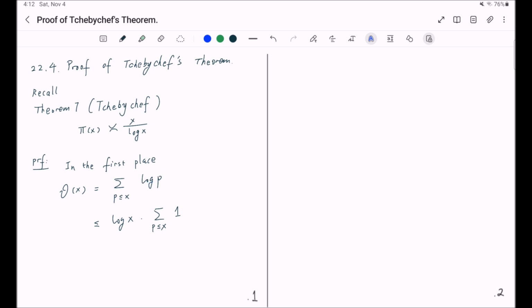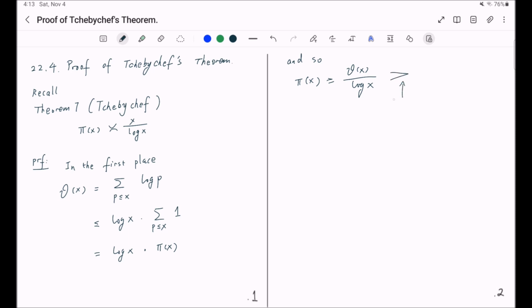And when we pull out the log of x from here, the rest will be bounded by the sum of 1s for p less than or equal to x, which is precisely pi of x. Hence it follows that pi of x is bigger or equal to theta of x divided by log of x.